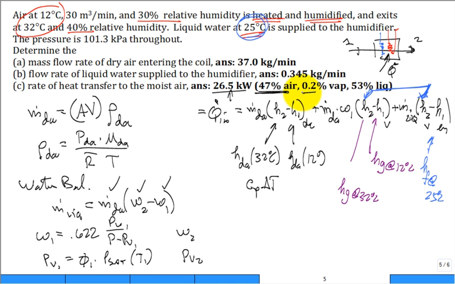A negligible amount, 0.2%, is to heat the vapor that initially came in the inlet stream. And a whopping, surprising 53% of that heat from the heating coil goes to getting the liquid that was sprayed in up into vapor form. Takes a lot of energy to vaporize. True?